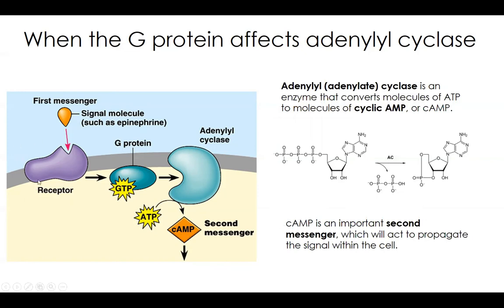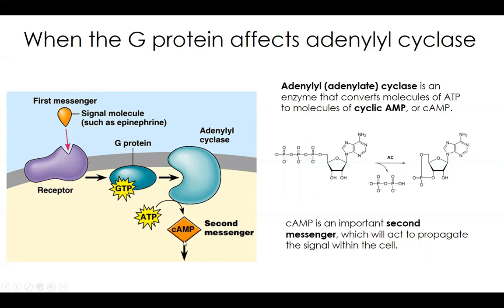Again, the order of what happened: the receptor is activated. It in turn activated the G protein, which then activated adenylyl cyclase, which is catalyzing the conversion of ATP to cyclic AMP.